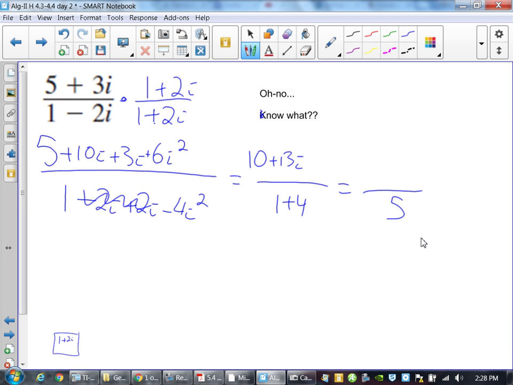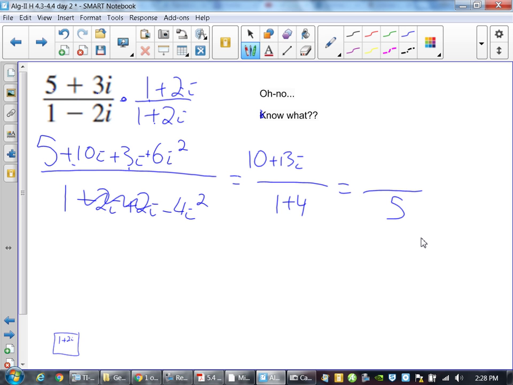Very good. It becomes negative 6. 5 times 2I is 10I. 10 plus 13I. Then I have 3I times 1 is 3I, so 10 plus 3 is 13.